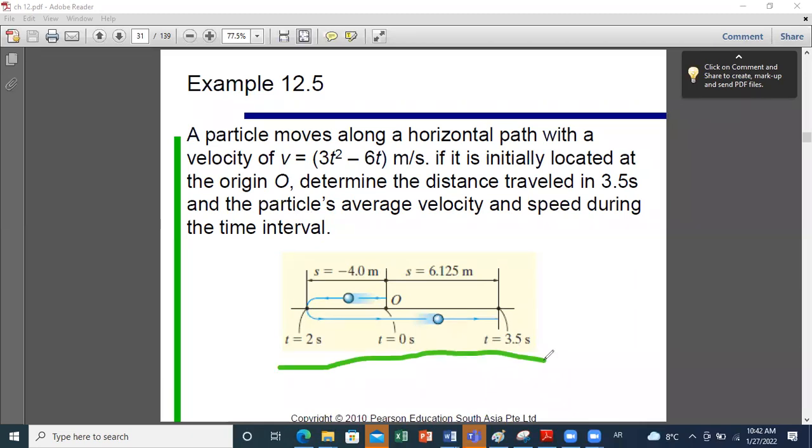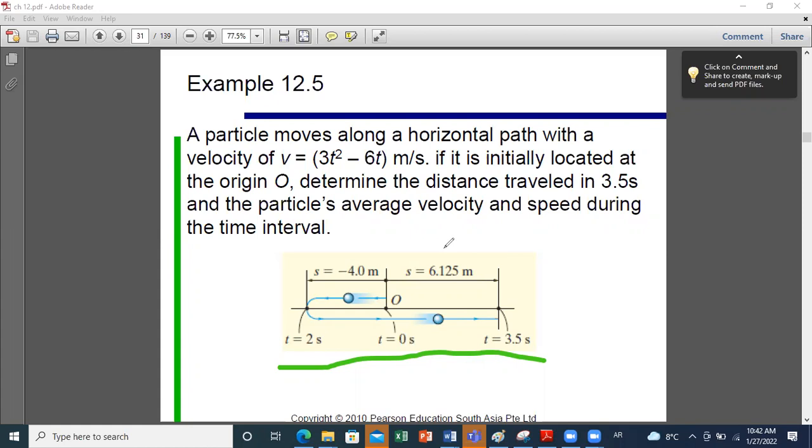Any question on how we found the extreme times and the values of S? Yes. When we plug in 3.5 seconds, will we get 6.125 or will we get 10.125?